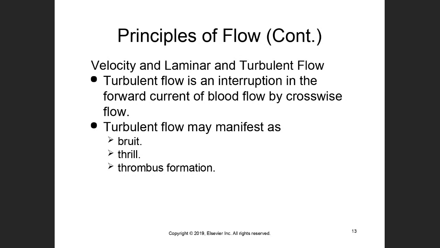I already explained that, and it produces a bruit, a thrill. You hear the thrills sometimes when you have a murmur in your heart, and we measure the degree of thrills, because murmurs are graded 1, 2, 3, 4. Systolic murmurs go from 1 to 6.